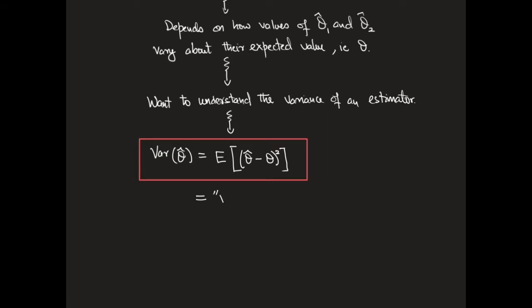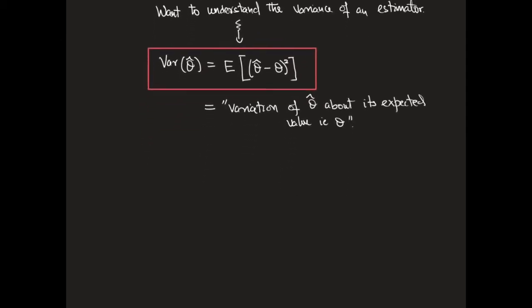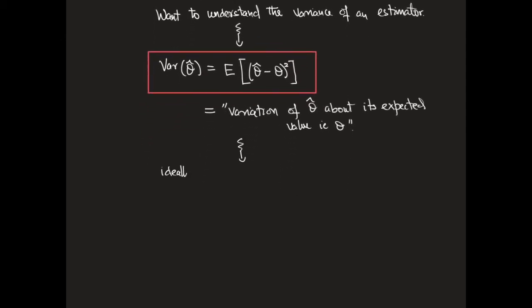So this number measures the variation of the estimator theta check about its expected value, that is theta. And since we would want these values to be close to their expected value, we would ideally want the variation of theta check to be as small as possible.